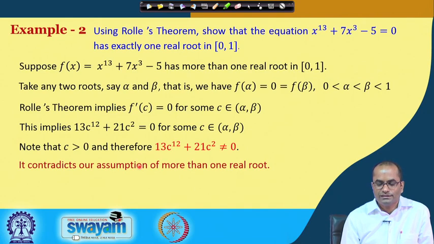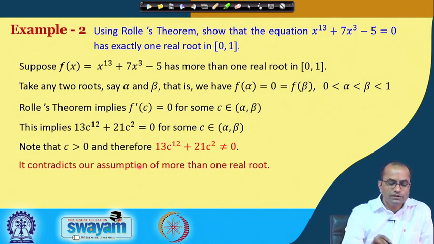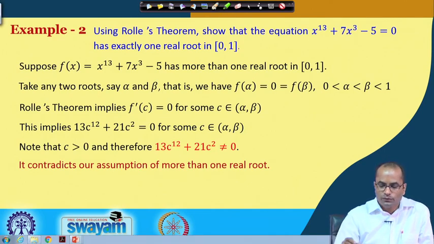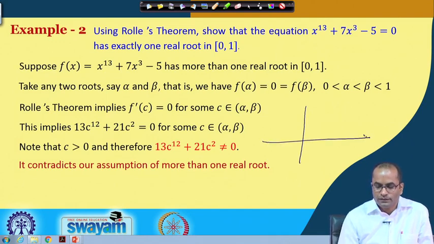But now the question is whether there is a root at all, because we have just proved that there cannot be more than one root. If you take a close look at this function, at 0 the value is -5, and at 1, the other end, the value is 3.